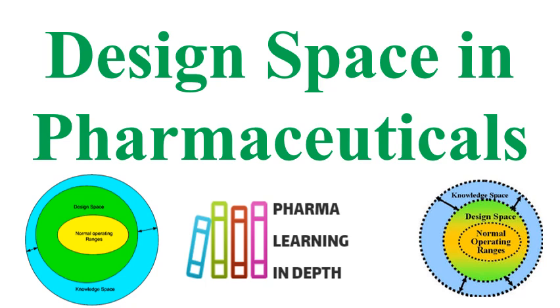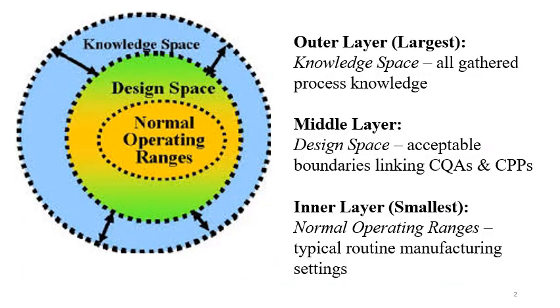Design space, knowledge space and the normal operating ranges are the three terminologies in the development of the safe space for the pharmaceuticals. As you can see in this picture, there is a knowledge space, design space and the normal operating ranges.